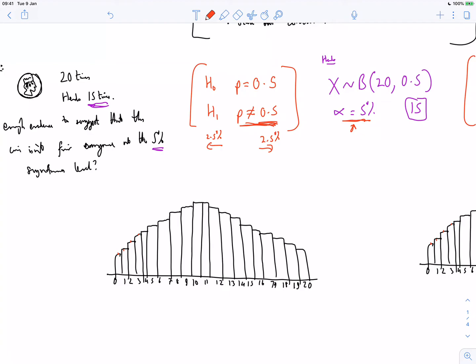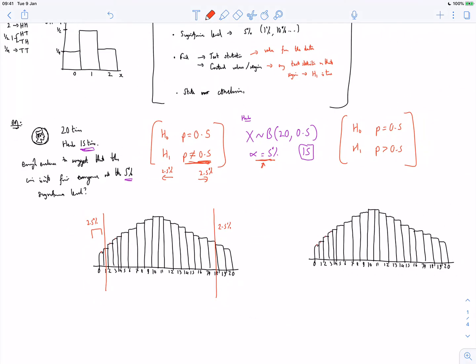So the question then becomes, where do I draw a line such that this region is 2.5% of the total and this region up here is 2.5% of the total?